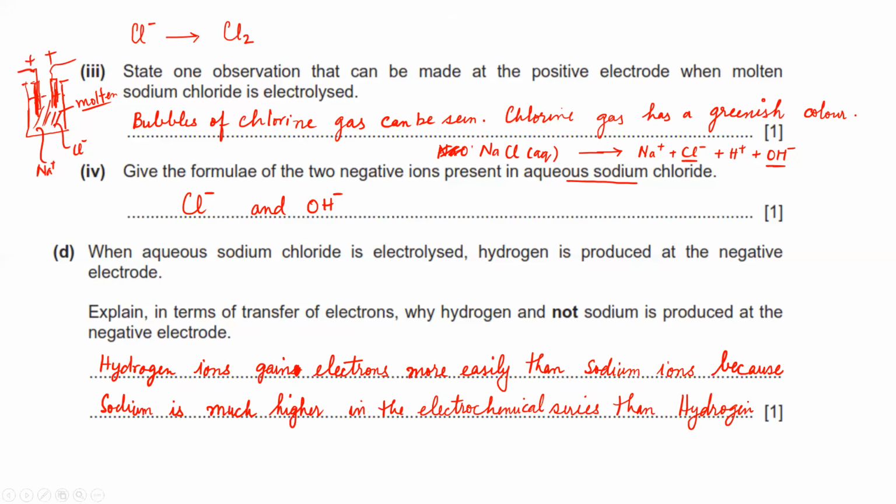Okay, so this is the reason why we can say that in terms of electron transfer. So number one, hydrogen ion gains electrons, and why? Because hydrogen is much lower in the electrochemical series than sodium, or in other way, sodium is much higher than hydrogen in the electrochemical series.